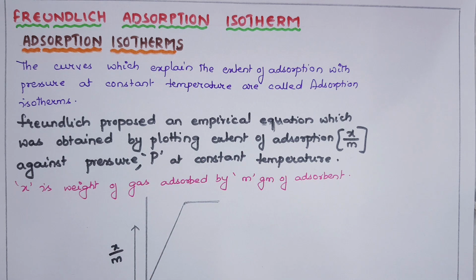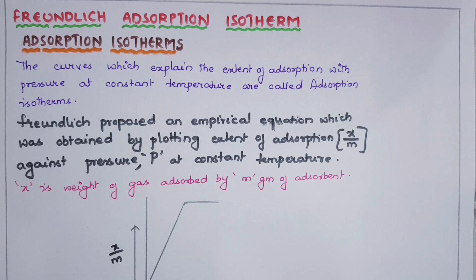Now, one of the adsorption isotherms is the Freundlich adsorption isotherm. Freundlich proposed an empirical equation, which he obtained by plotting a graph between extent of adsorption and pressure, keeping the temperature constant.